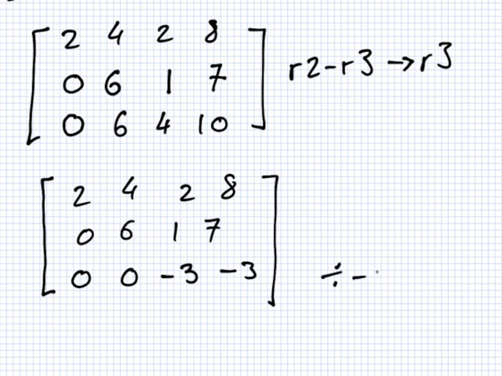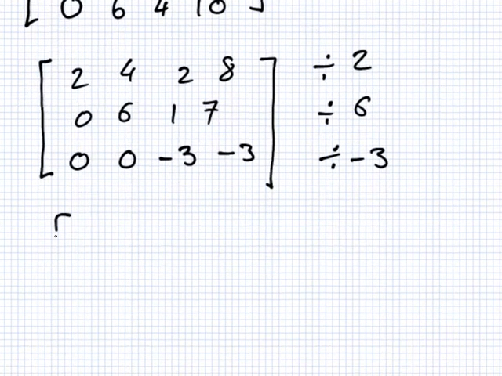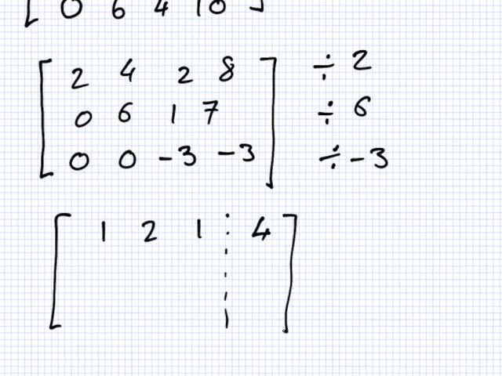Divide by minus 3, divide by 6, divide by 2. So now I have 1, 2, 1, 4. 0, 1, 1 over 6, 7 over 6. And then 0, 0, 1, 1.